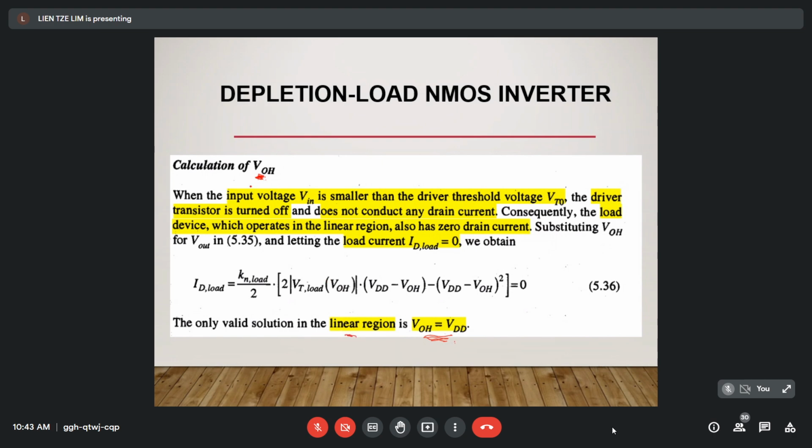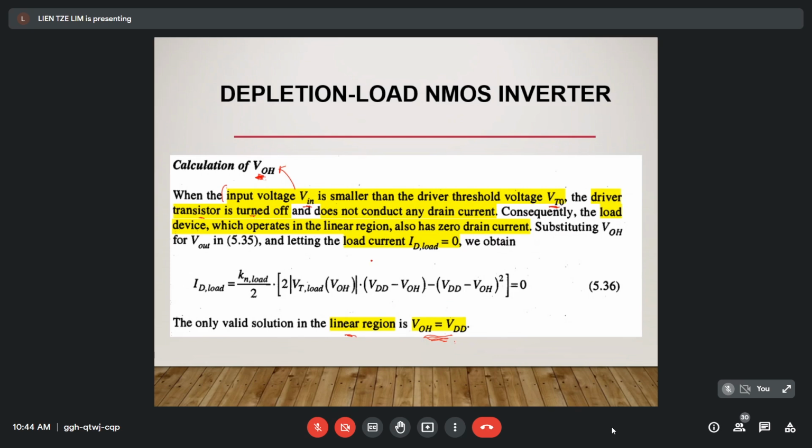So here is the description: this is for when the input is smaller than the driver threshold voltage, VTO. The transistor is turned off.